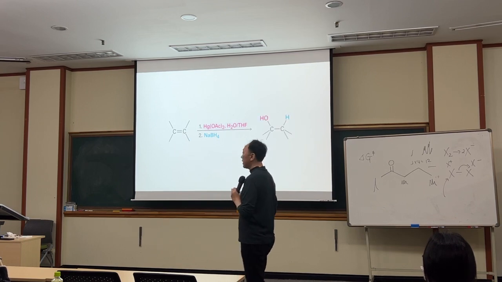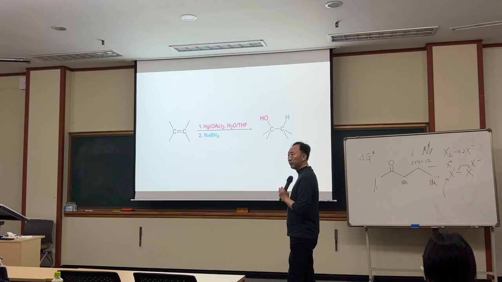Then the product is that hydroxide is added. Again, mercury is added here first, similar to acid H+, but it's easier to control. And then water attacks from behind, and then the mercury moves in this direction, and then mercury is removed reductively. Then mercury is removed here.